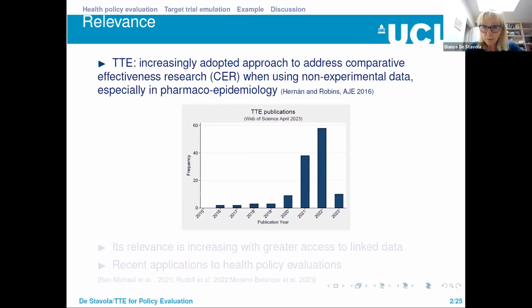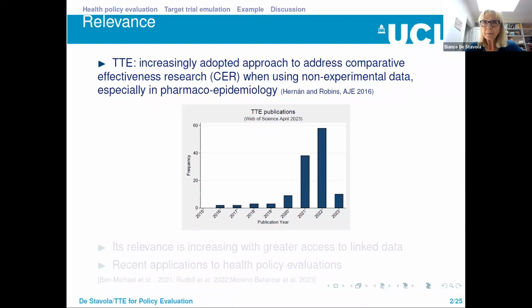Of course, some of you probably have already some expertise in this, that you may have worked on, certainly read papers about it, because in the last 7 or 8 years, there has been an explosion of publications based on this approach. It's not a completely new approach. It was really spurred by a publication in 2016 by Miguel Hernan and Jamie Robbins.